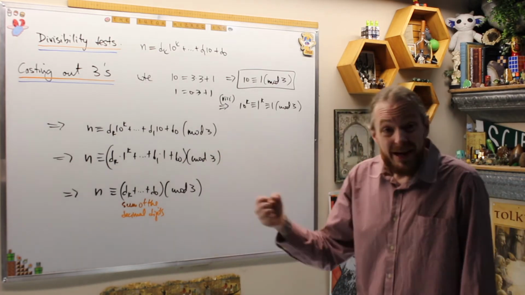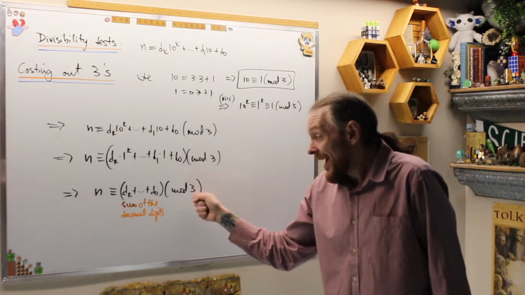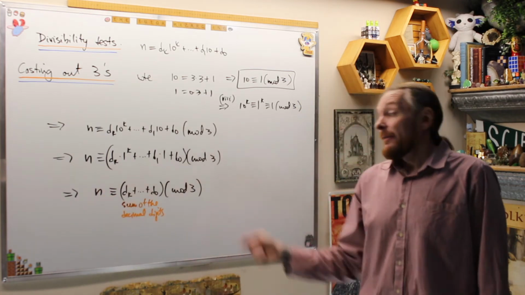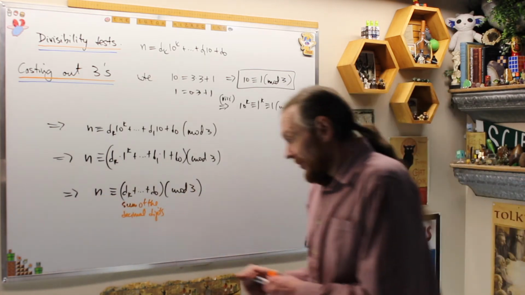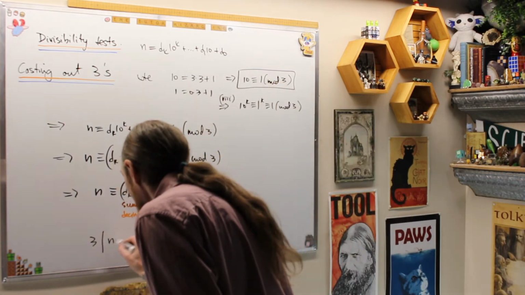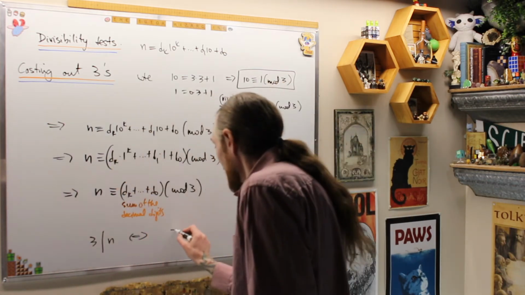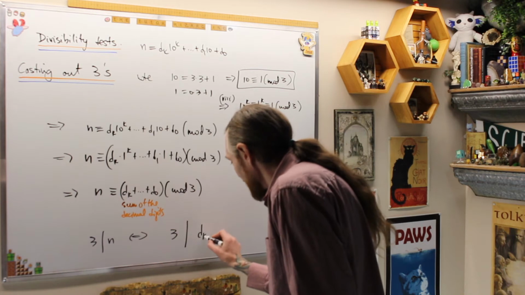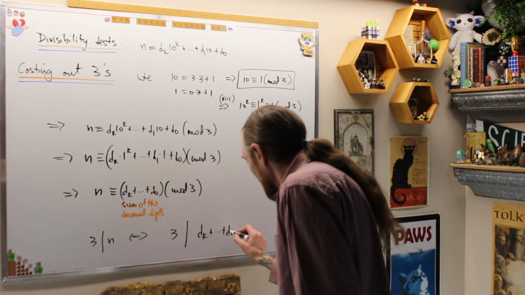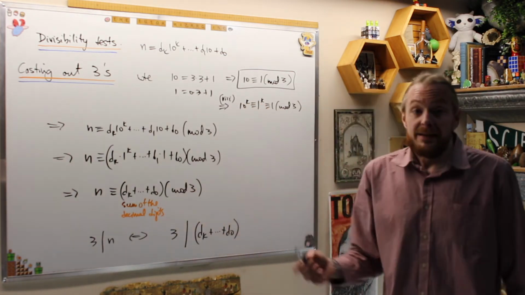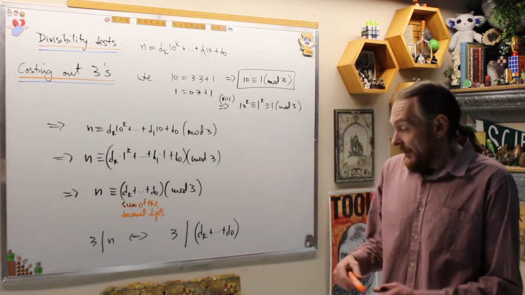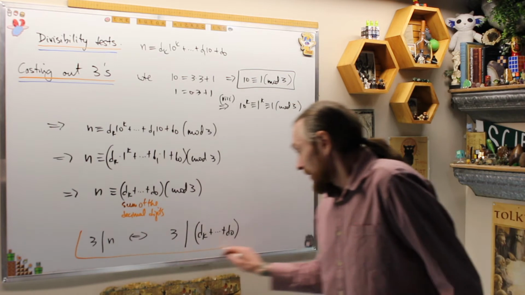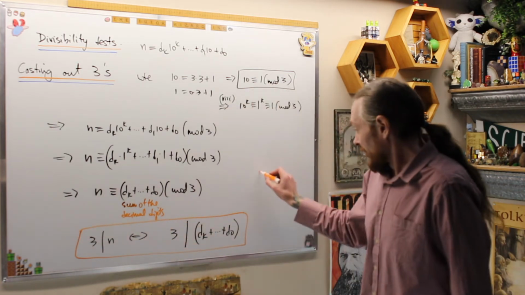In particular, 3 divides n if and only if 3 divides the sum of its decimal digits. That's the divisibility test for 3, or casting out 3s. If you have any number, we'll do it in a second, or right there.